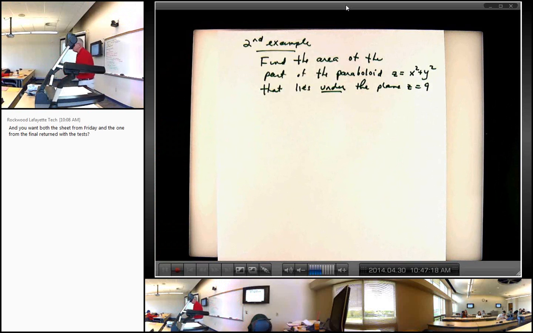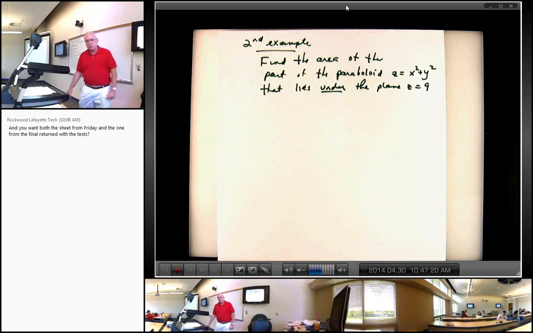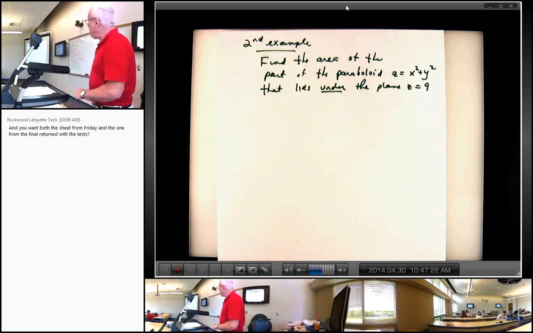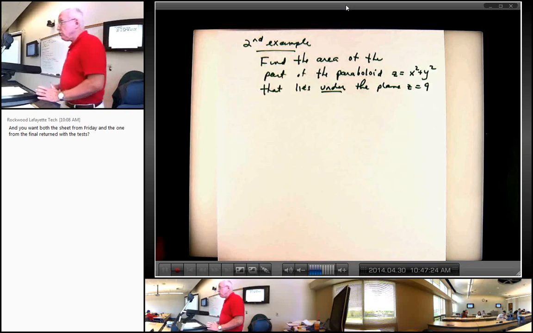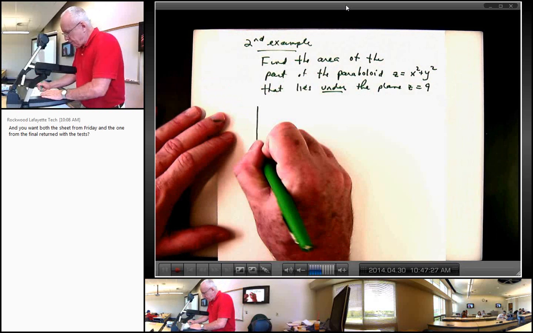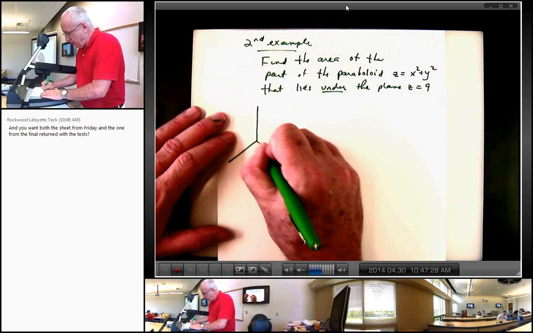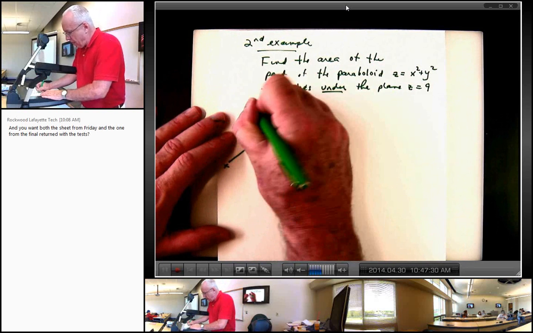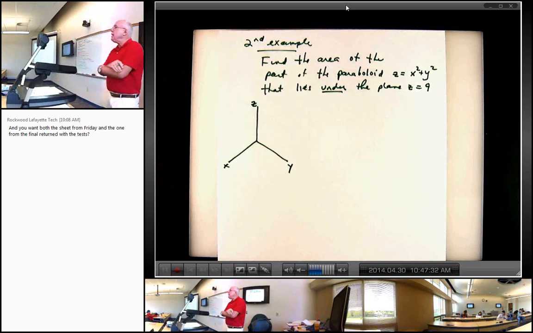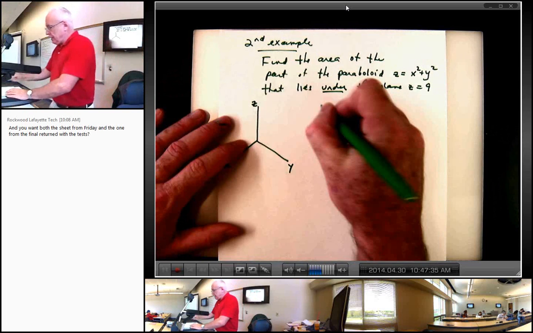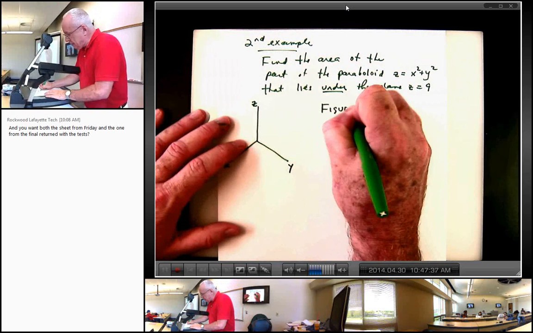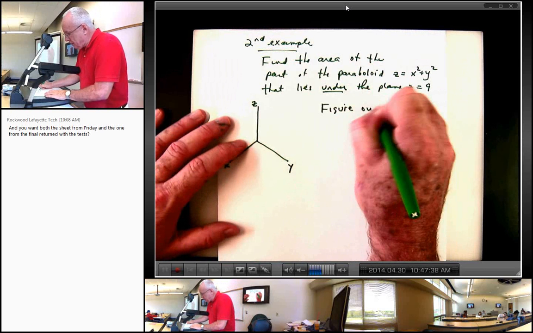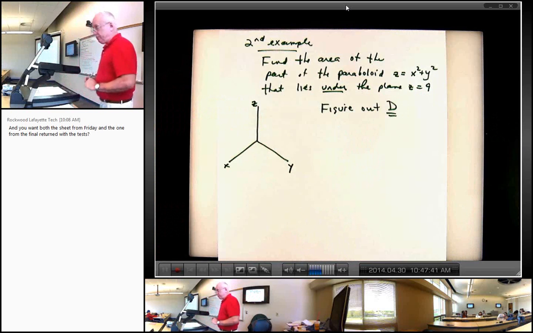I mean, just the wording of it, okay? It's very helpful here to draw a picture, because one thing we have to figure out here, again, like with the first example, is what D is.